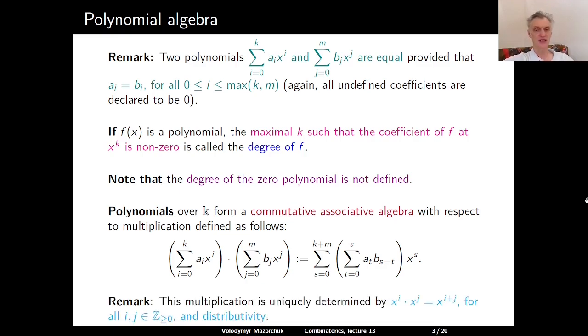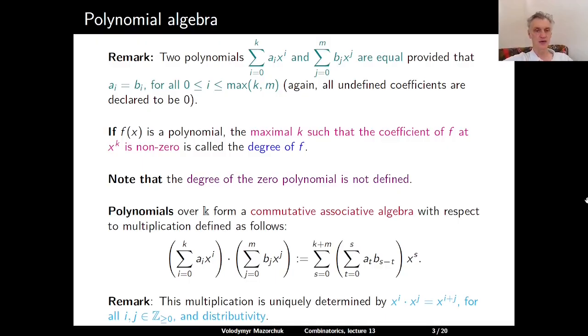So this multiplication is uniquely determined by the property that x to the power i times x to the power j is equal to x to the power i plus j, where i and j are non-negative integers, plus distributivity. And when we write the multiplication for the explicit expressions of polynomials, we get the following formula.